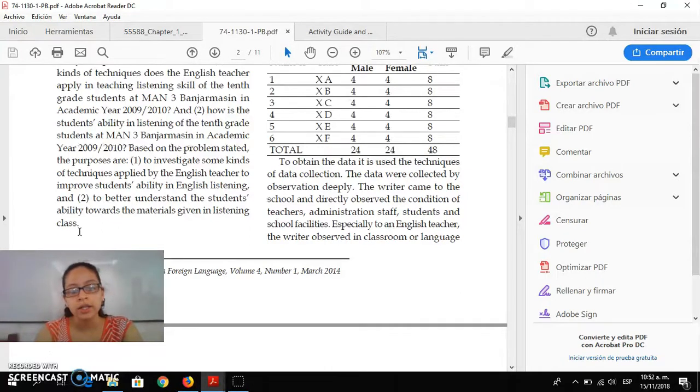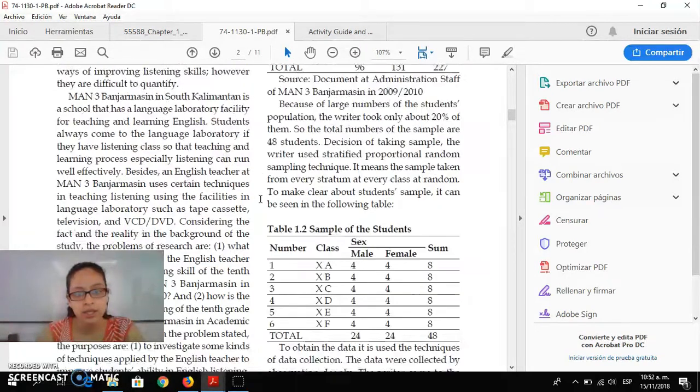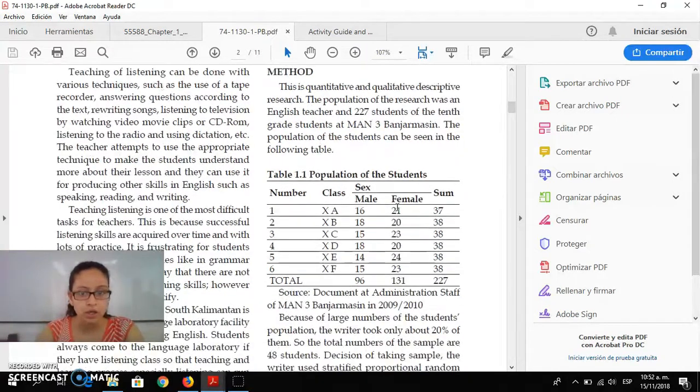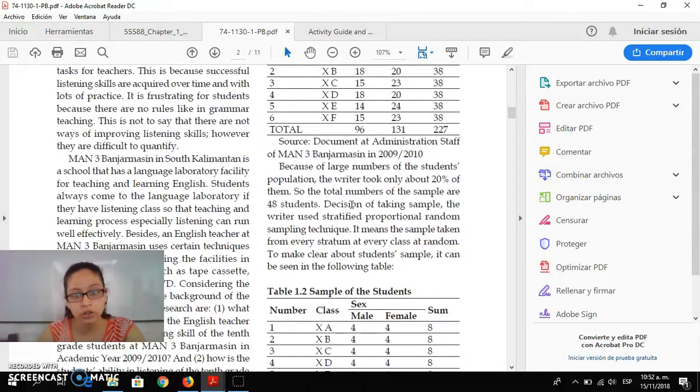First of all, the article addresses the population that is being researched. In this case, it is an English teacher and 227 students of the 10th grade at Man 3 Barnhart Mason. This population was reduced to 20%, so we finally have 48 students and a teacher.